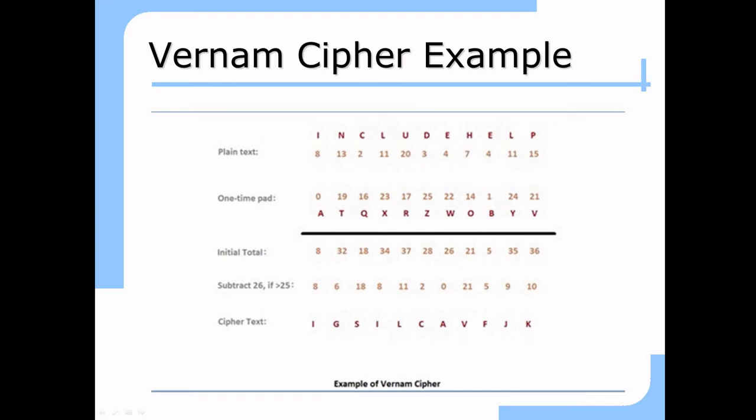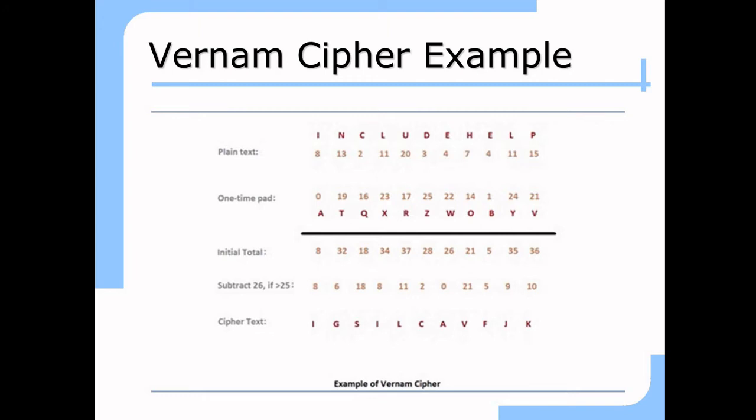After this step we convert all these values into characters. So 0 means A, 25 means Z. Whatever we get is the ciphertext. So these are the steps to convert the plain text to ciphertext. First, convert the plain text characters into numbers.